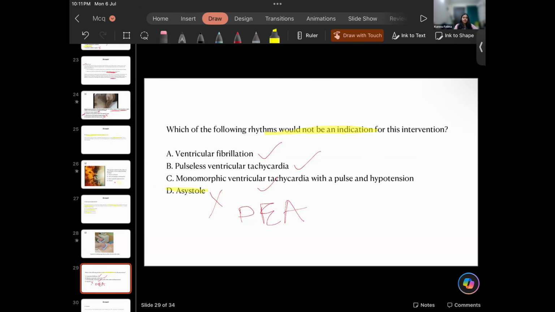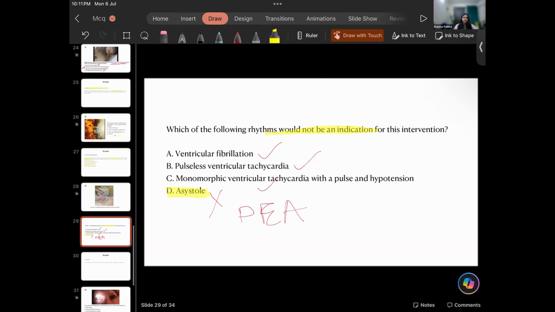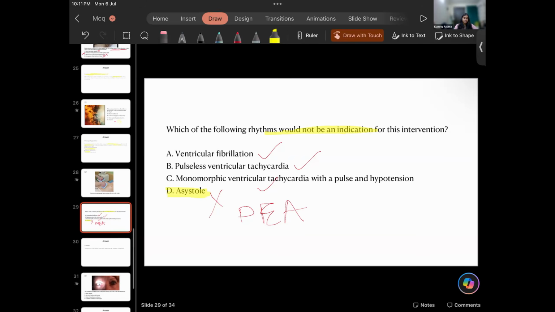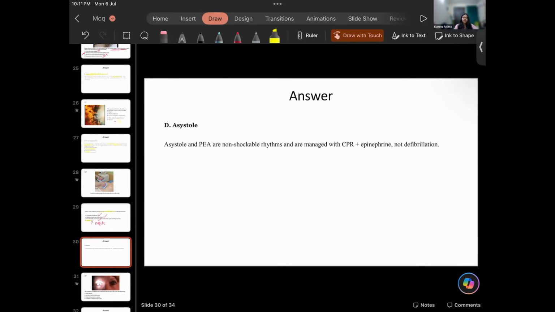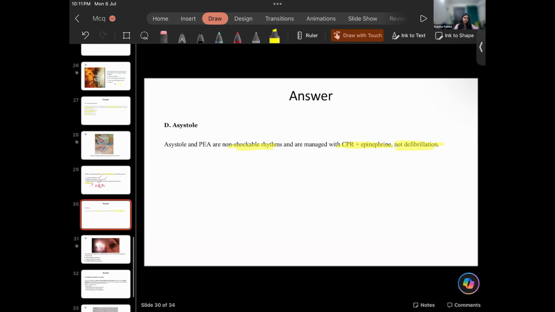So the one that is not an indication in shockable rhythm is asystole. Another option can be pulseless electrical activity, wherein we don't give a shock or do a defibrillation. The explanation mentions the same: asystole and pulseless electrical activity are non-shockable rhythms. They are managed with CPR and epinephrine and not defibrillation. The video showed the defibrillation.